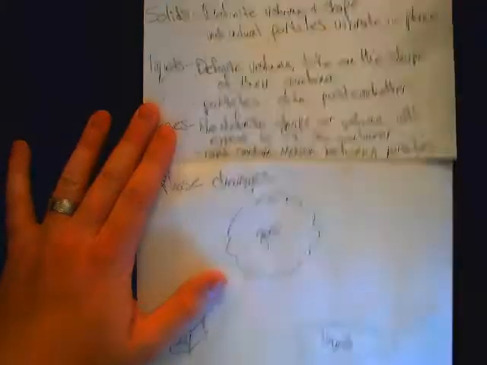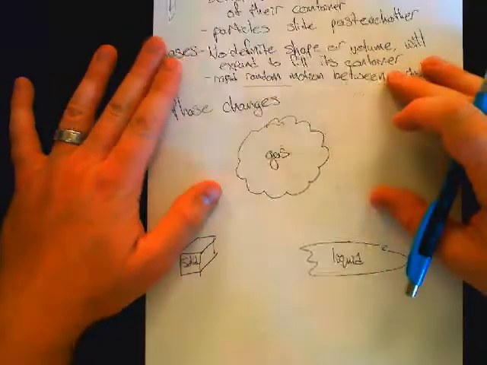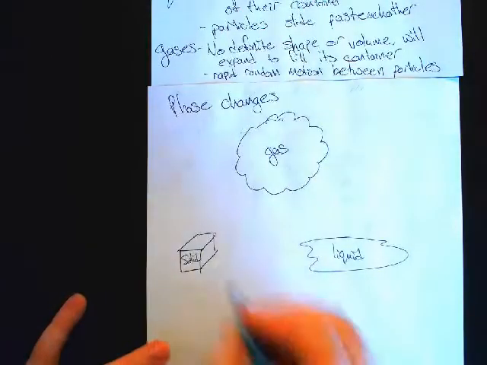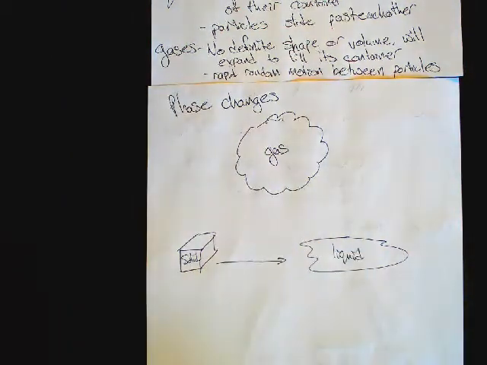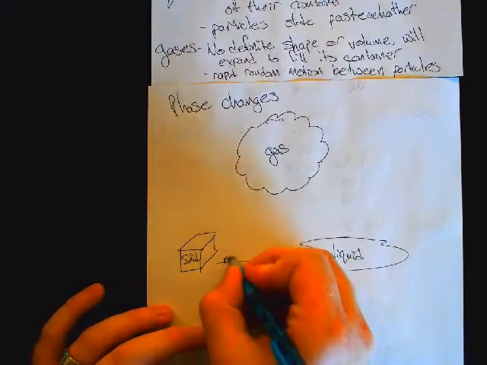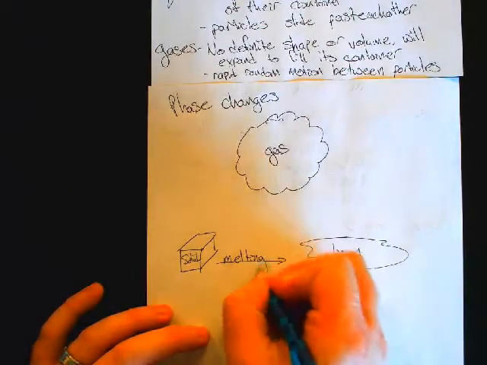Okay, so if we have a substance, something like an ice cube, and it goes from a solid to a liquid, what is that process called? What's it called when something turns from a solid to a liquid? A little louder. Melting. Okay.